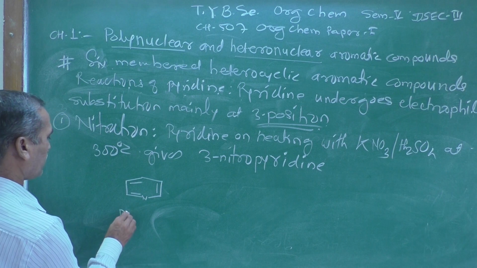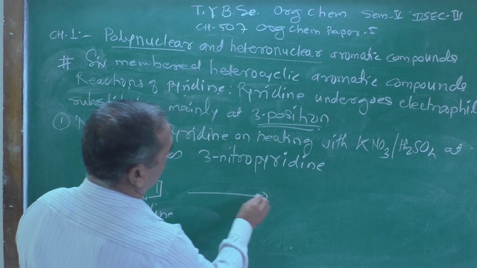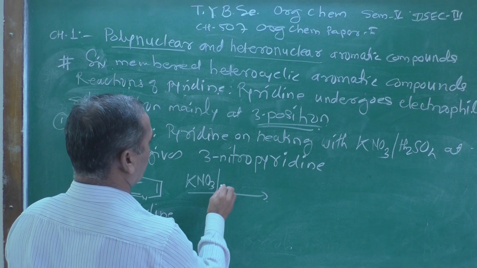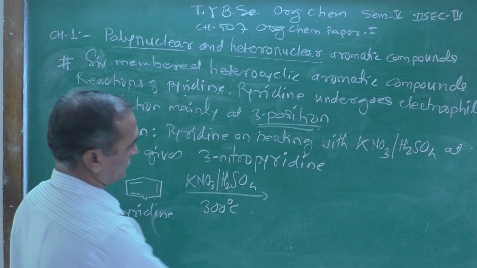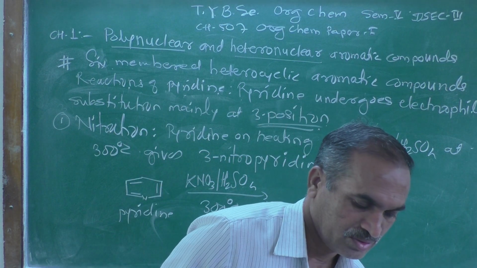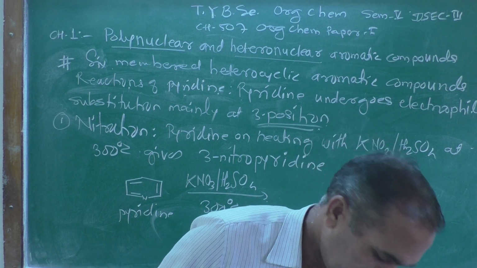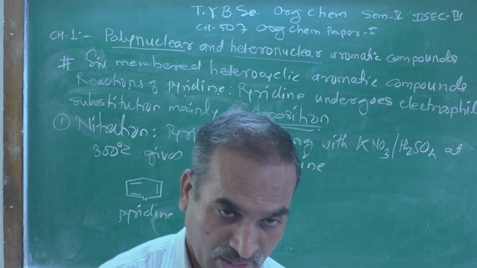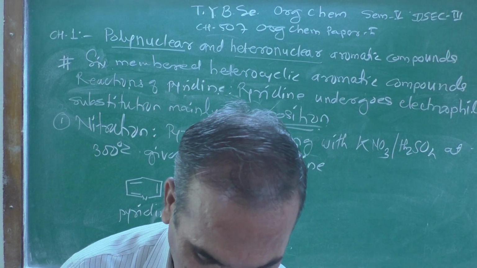This is the structure of pyridine, and when this pyridine is treated with KNO3 in presence of H2SO4 at 300 degrees centigrade, the product generally obtained is 3-nitropyridine.